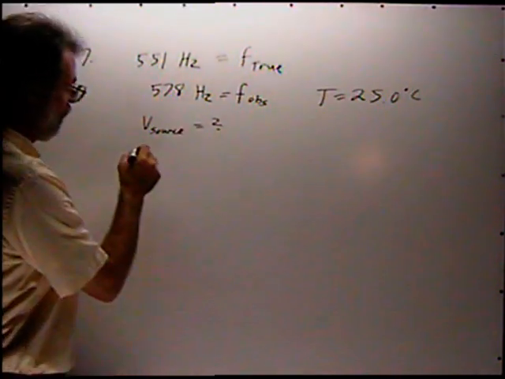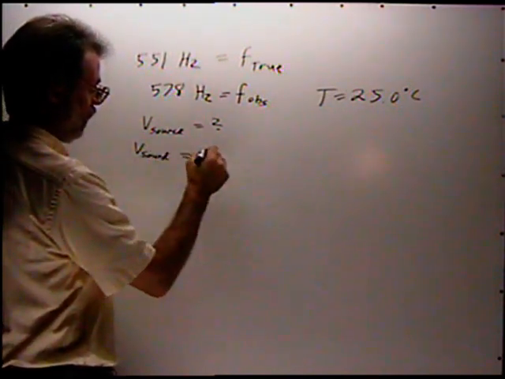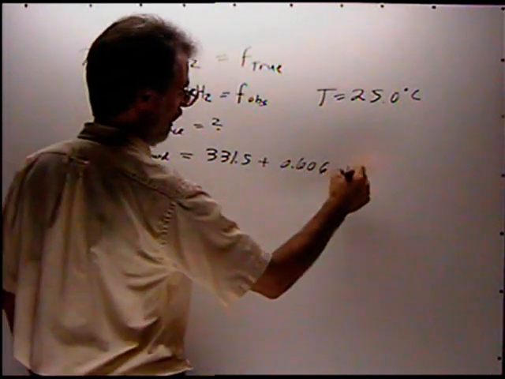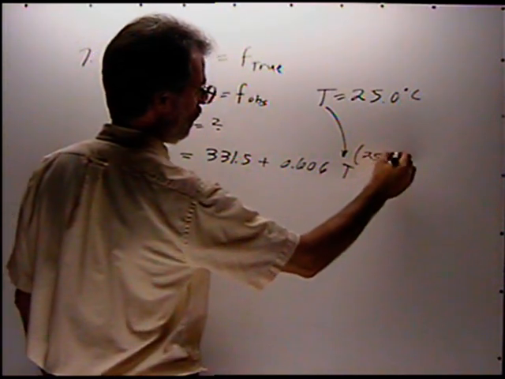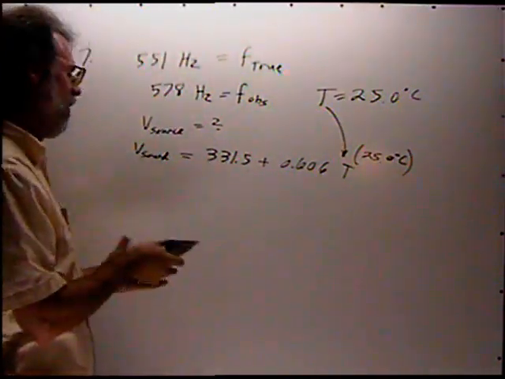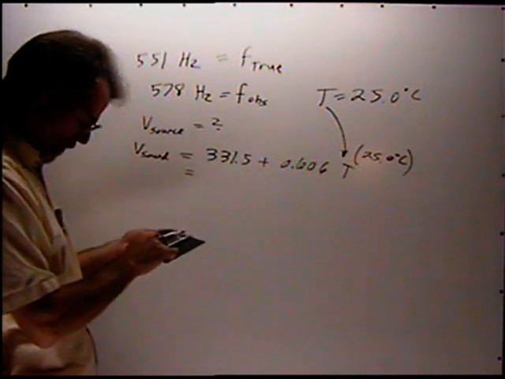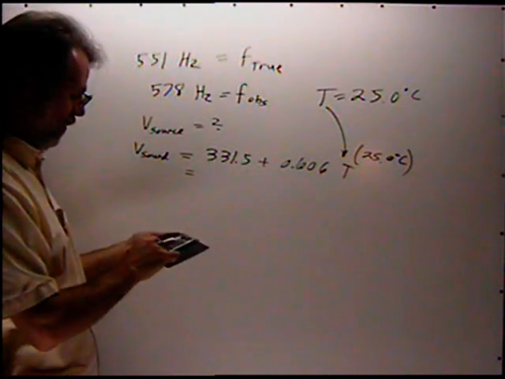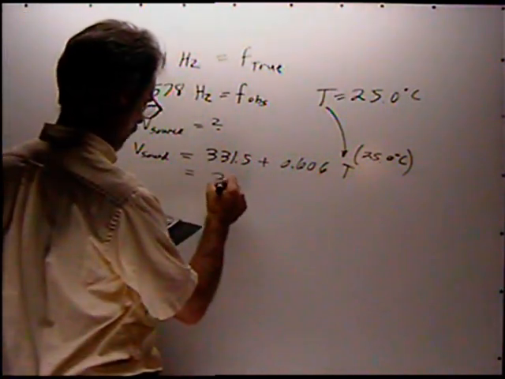Well, again, we first have to know what the velocity of the sound is, using the old equation we know, 331.5 plus 0.606 times t, and we're going to substitute 25 degrees C. The velocity of the sound at 25 degrees C is, let's see, I would get 347.